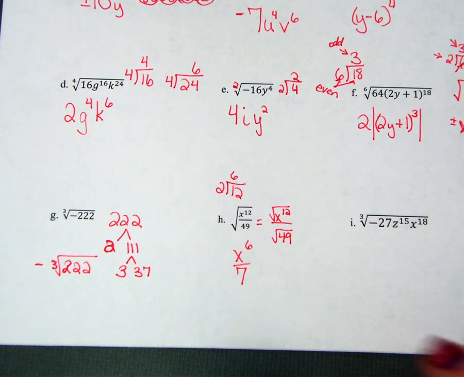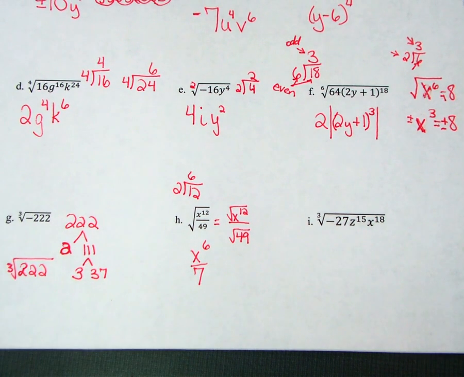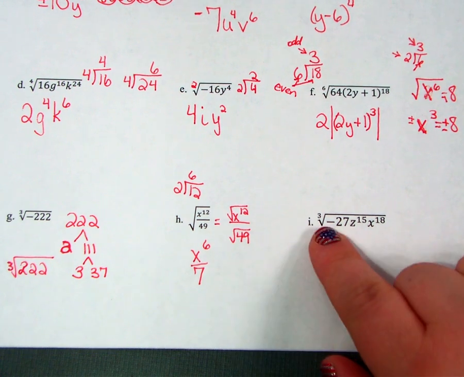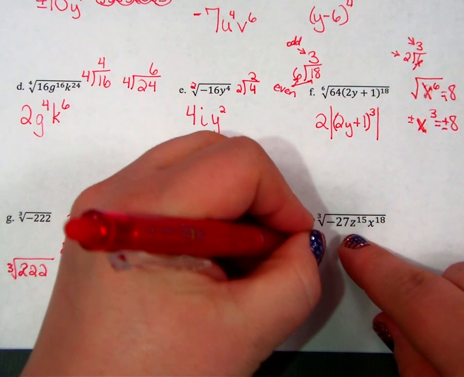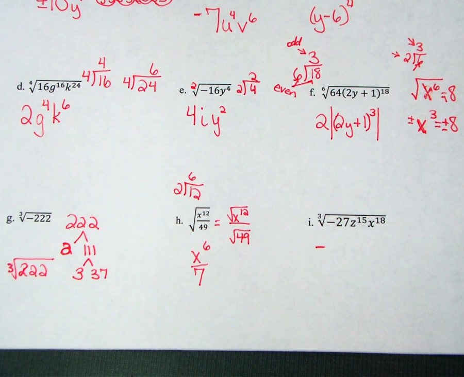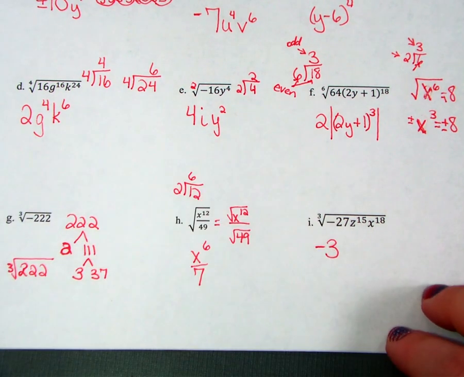I'm going to do 2 more problems. One that's on your paper and one that's not. It's an odd root, so that means I know that the negative that's underneath the radical can come outside of the radical. And I can find the cubed root of 27 in my calculator. It's just 3.